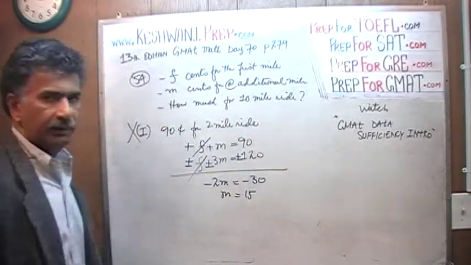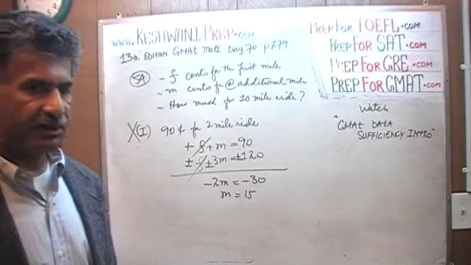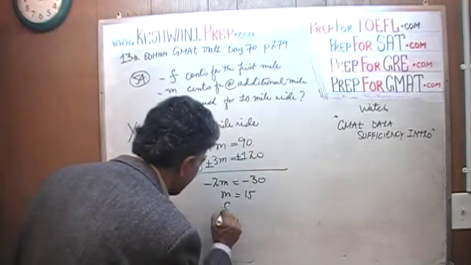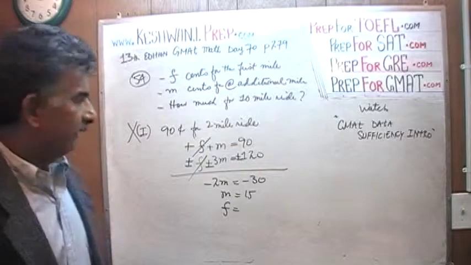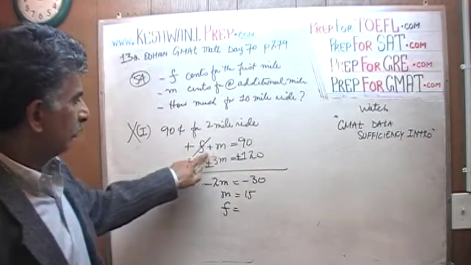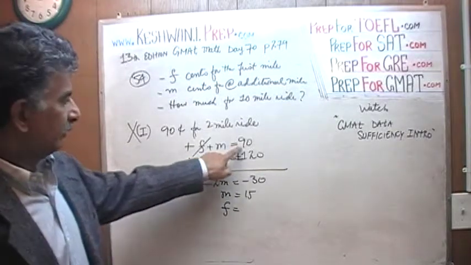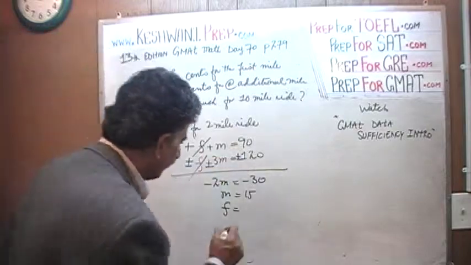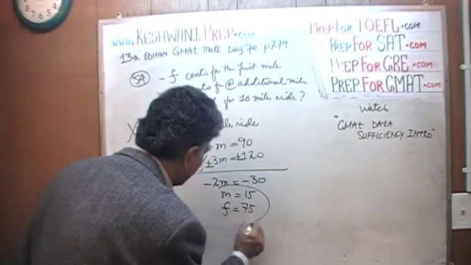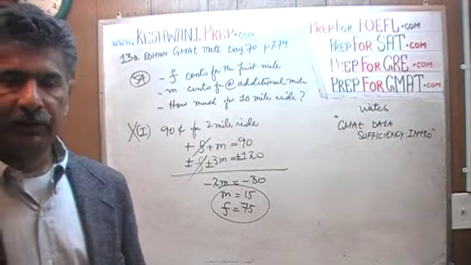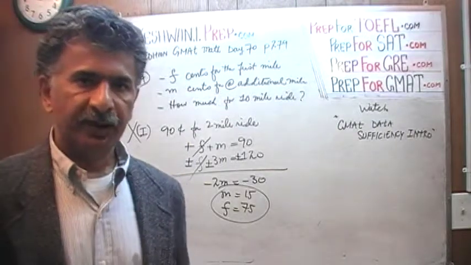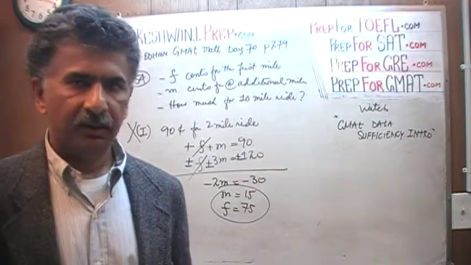There you go. They charge 15 cents for each additional mile, therefore they must charge 90 minus 15, because we know the 2-mile ride costs 90 cents. So if you subtract 15 from it, we get 75. Voila. So as soon as you get in the cab, the meter starts at 75 cents. It doesn't matter how much you ride.